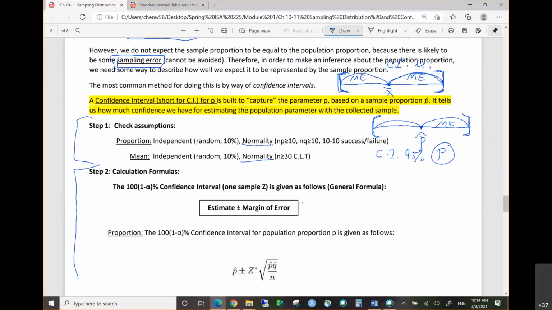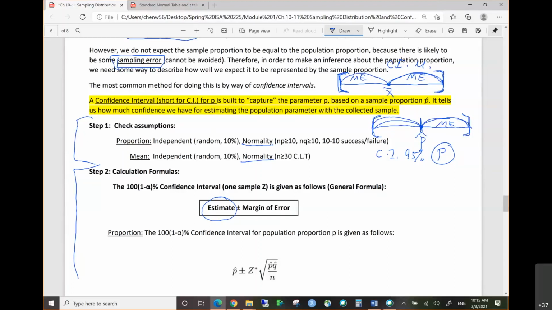All right, and step 2 will be just a calculation, right? Our idea is once we have a sample, it doesn't matter whether you have the sample mean or the sample proportion, we have an estimate for the population mean or the population proportion. So that will be the first part of the confidence interval. We have the estimate, but this estimate may not be accurate. That's why we allow some distance to the right, and some distance to the left.